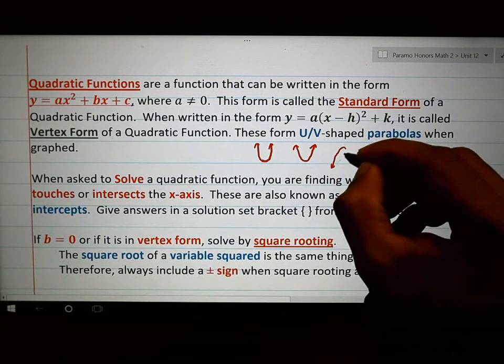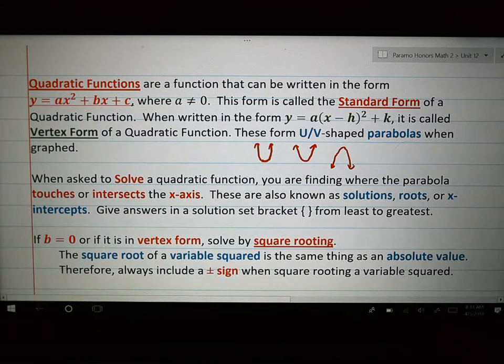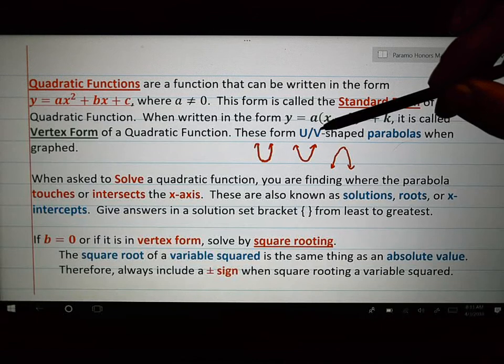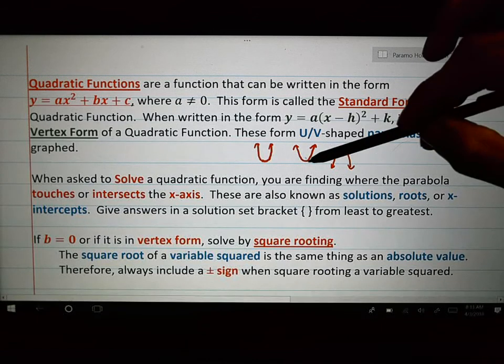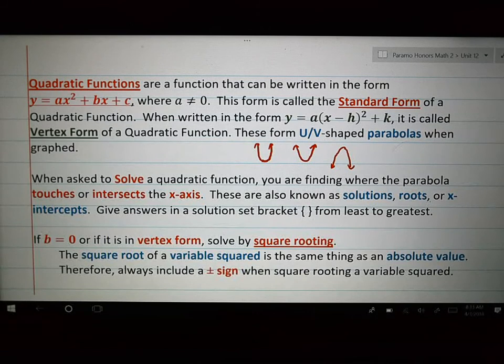If it's a function, it opens outward. It gets wider as it goes outward. So that's why I put down that it's a U/V shaped graph. At the bottom, it's usually rounded, and it always gets wider as it gets taller or shorter. That's what I mean by U/V shaped parabolas when it's graphed.